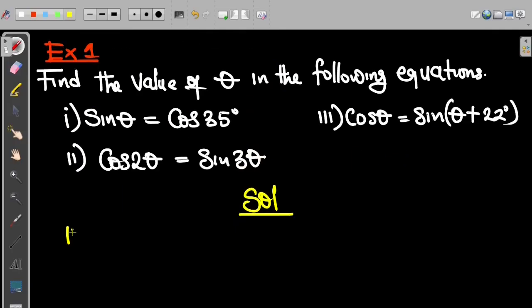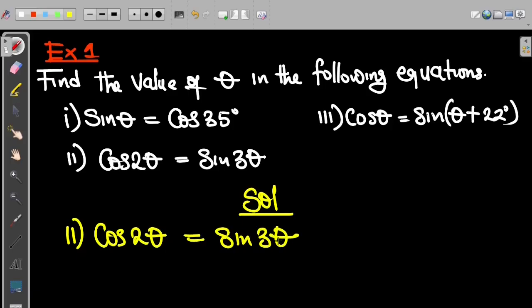So for question number 2, or II, we have that cos 2 theta is equal to sine 3 theta. Now let us express this equation in terms of sine theta. Recall that cos theta is equal to sine 90 minus theta.